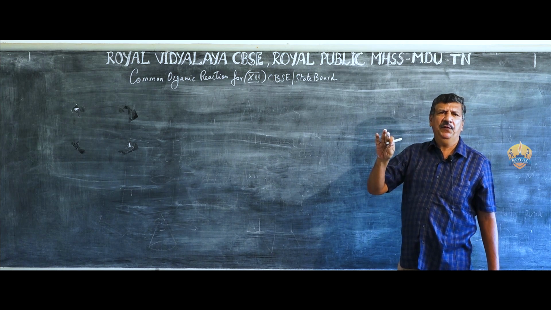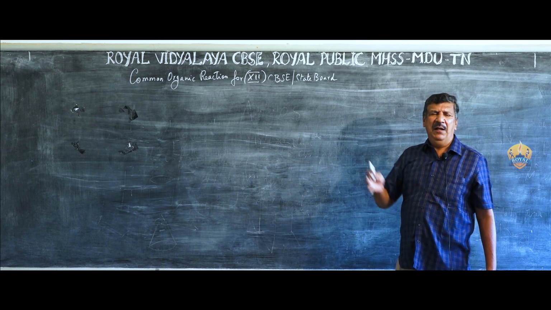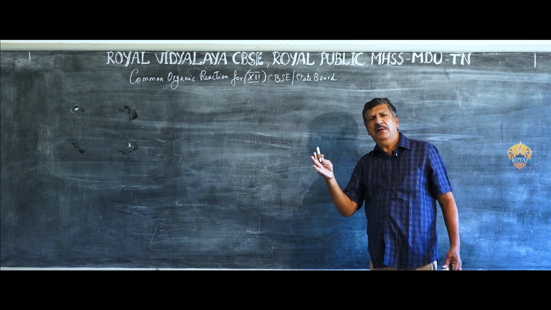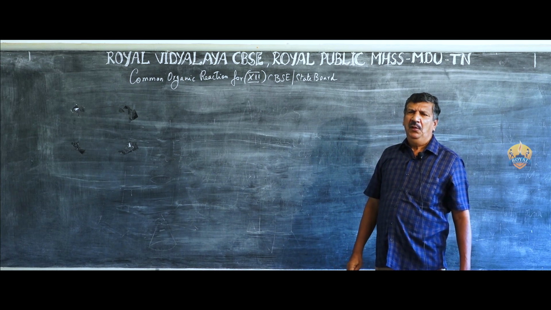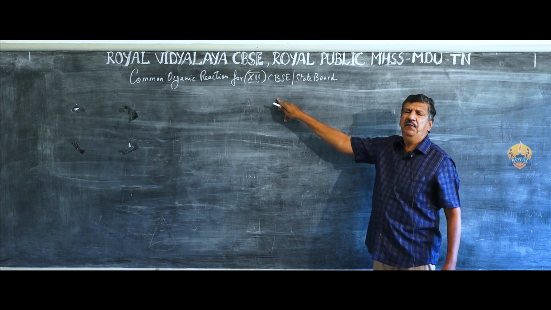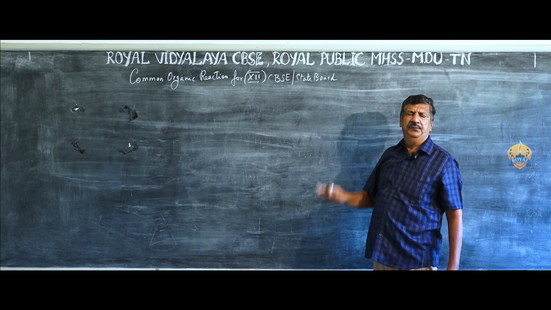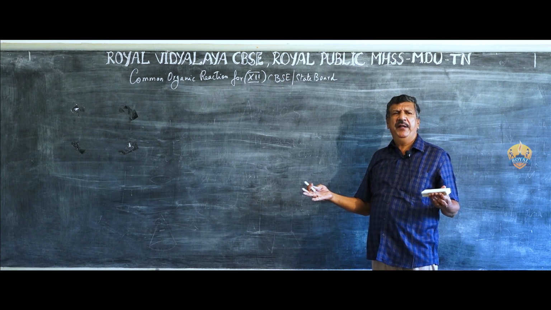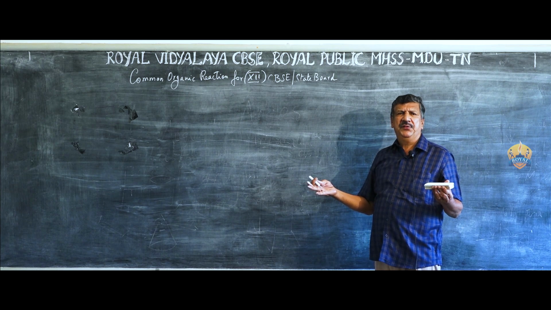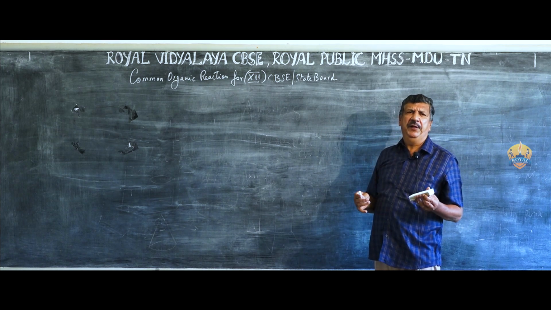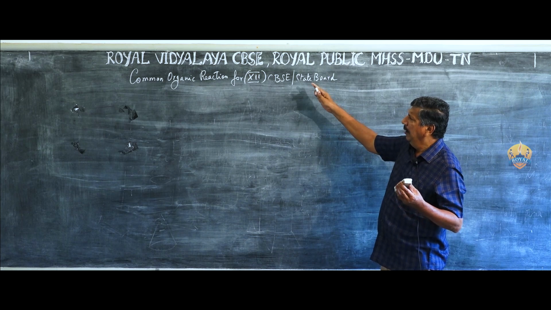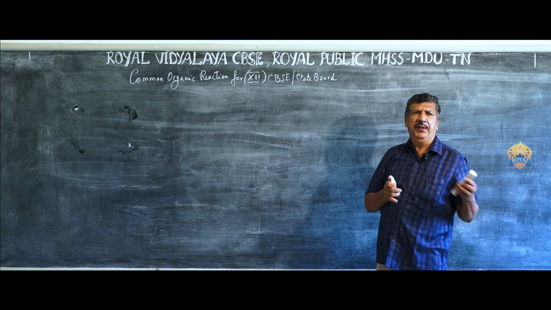It is only meant for the 12th standard. I'll give a separate one for the 11th standard. This is applicable for central board and also state board. It's both common for everything. Okay, we'll start the common organic chemistry.